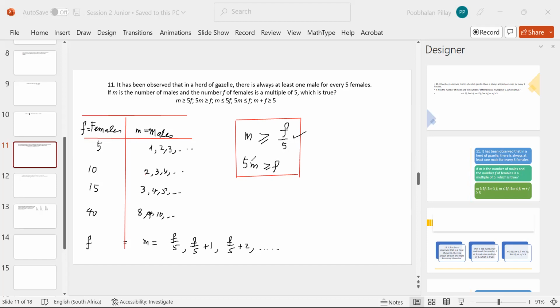You can have an equals sign because M could be equal to F over 5, but it could also be greater than F over 5. So this is the symbol for that. And if you multiply by 5 on both sides, you get 5M is greater or equal to F. They ask which of the following is true, and the answer will have to be this one here: 5M is greater or equal to F.